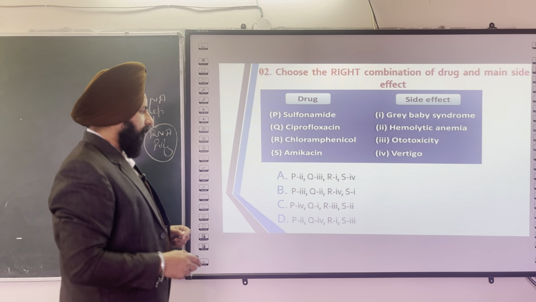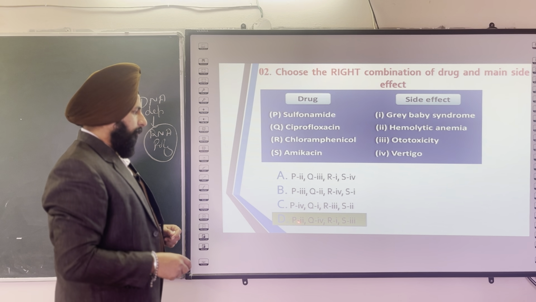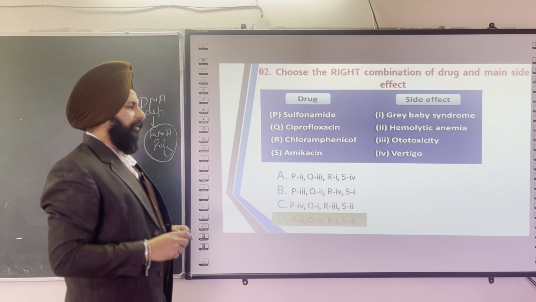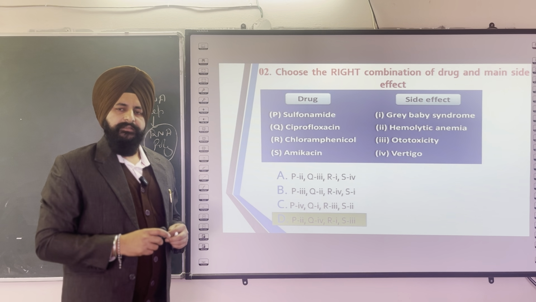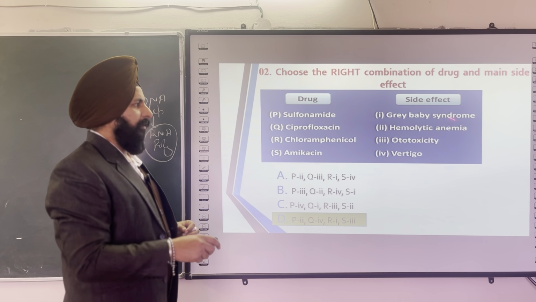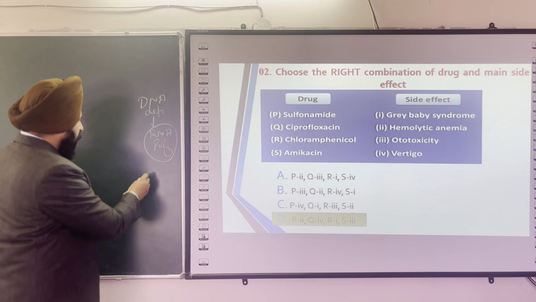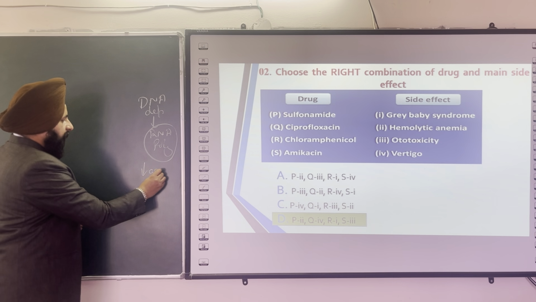The correct answer for this question is: P causes hemolytic anemia. Basically, sulfonamides are responsible for anemia. The reason is that sulfonamide easily accumulates in the body.